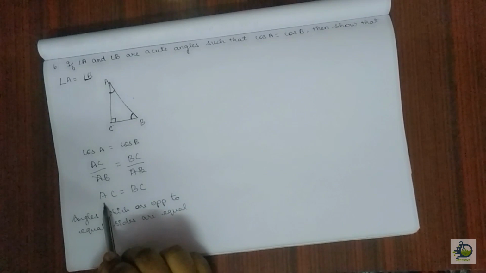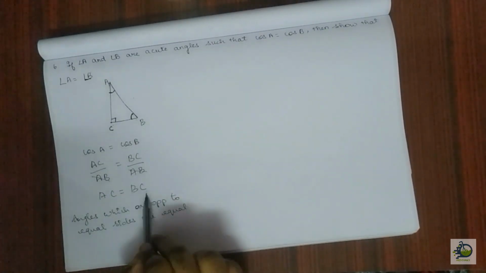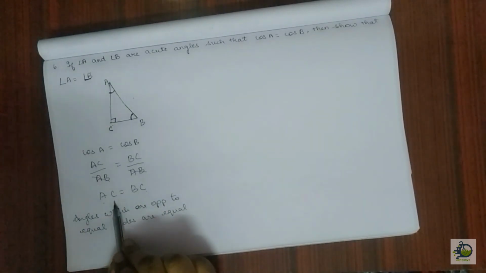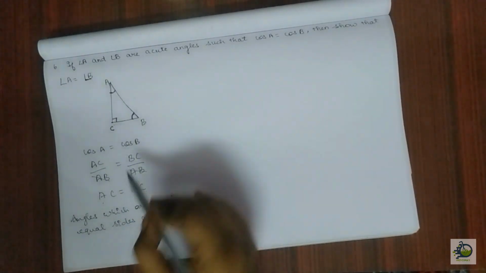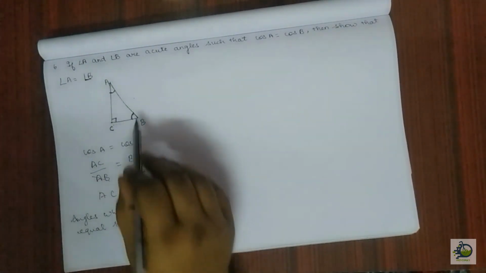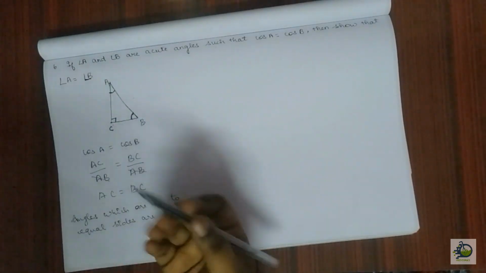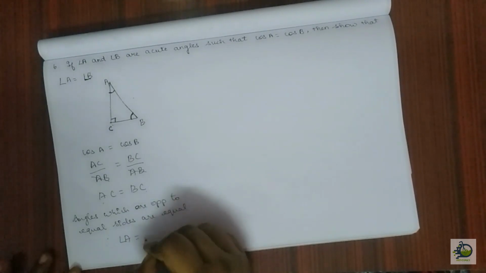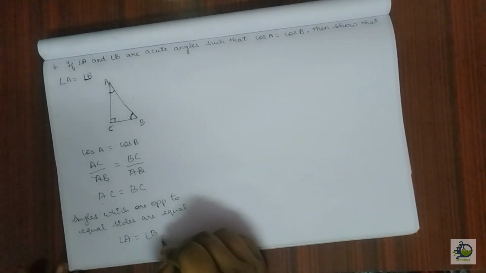Now we have two sides AC and BC as equal sides. The angle opposite to side AC is angle B and the angle opposite to side BC is angle A. Therefore, according to this theorem, we can say that angle A is equal to angle B. Hence proved.